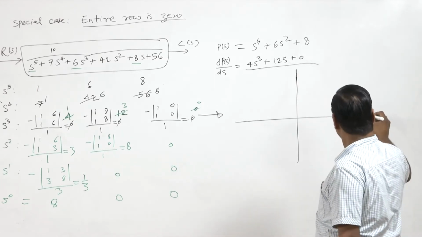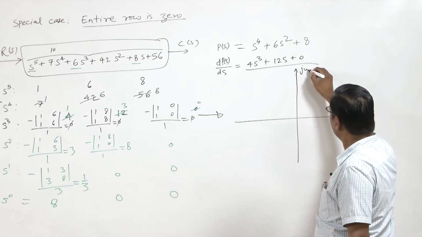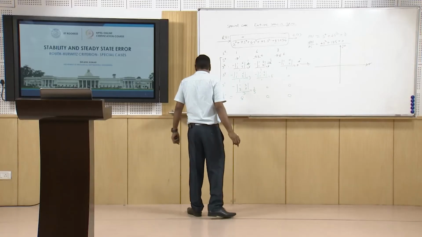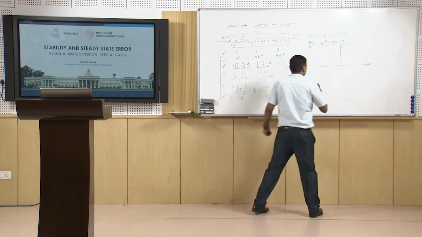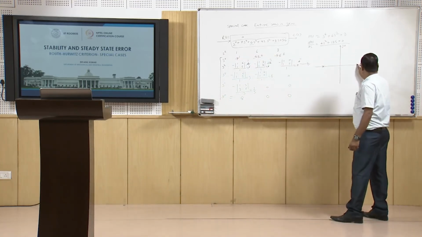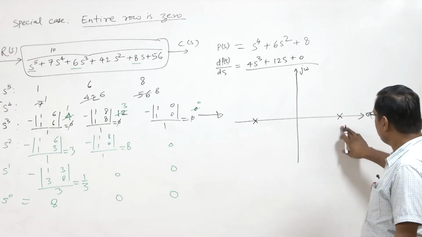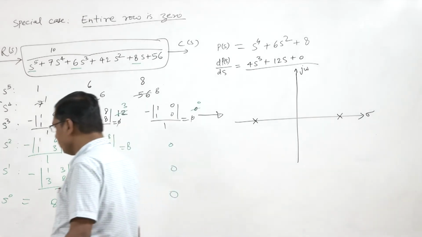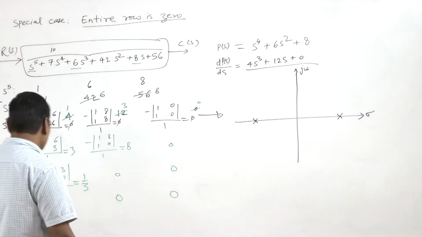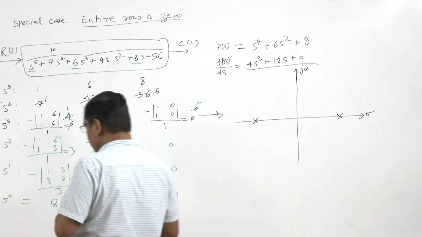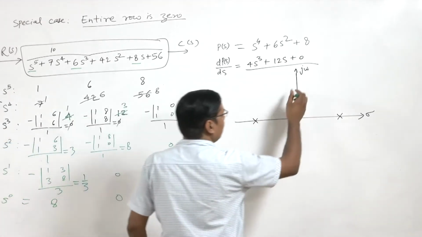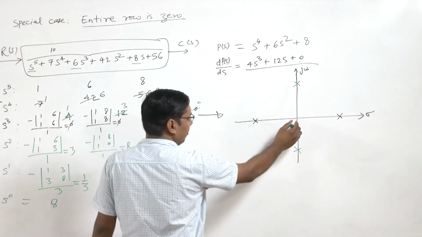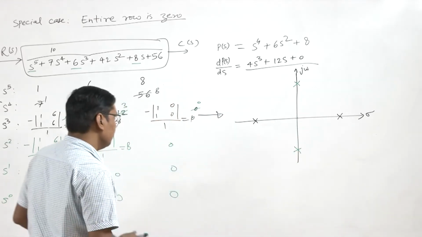If this is the sigma and j omega axis, our roots can be symmetrical if they are on the real axis here. These two roots are symmetrical about the origin. Also the roots can be symmetrical when they are on the j omega axis, so they are symmetrical about the origin.